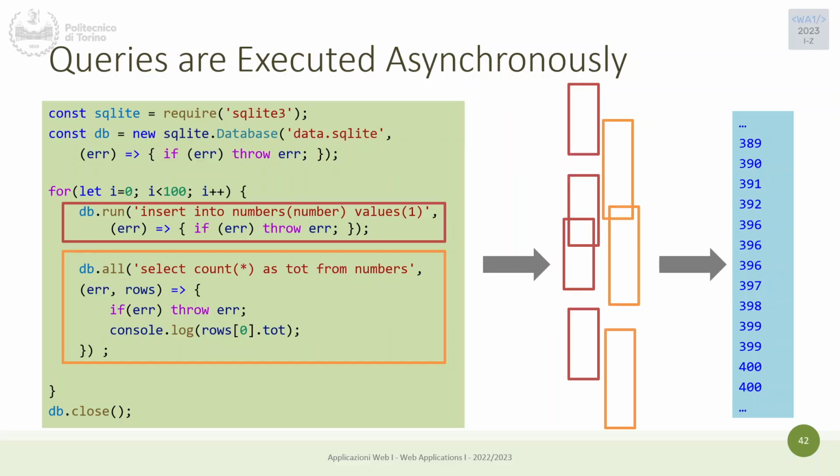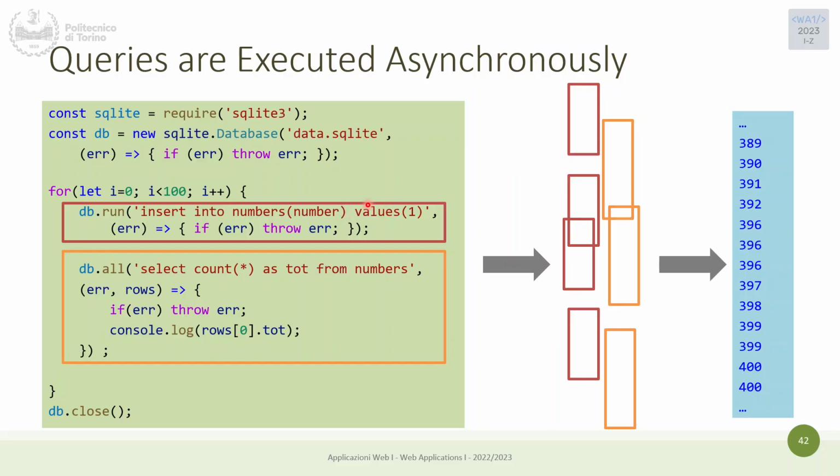So to solve this kind of issue, where is the problem? To execute the db.all, we should be 100% sure that the db.run is completed. So we should, for instance, move this kind of code inside the callback of the db.run.